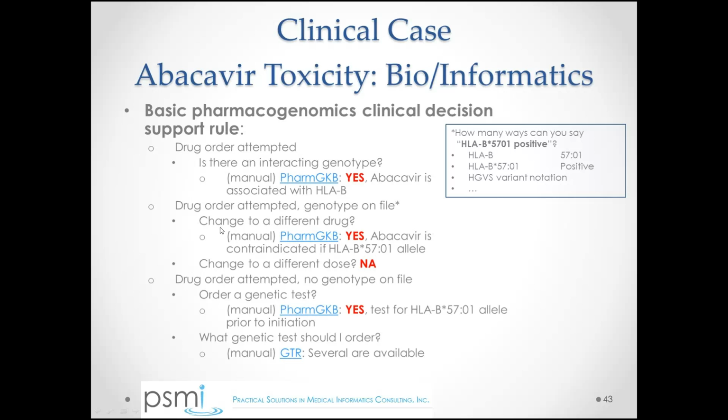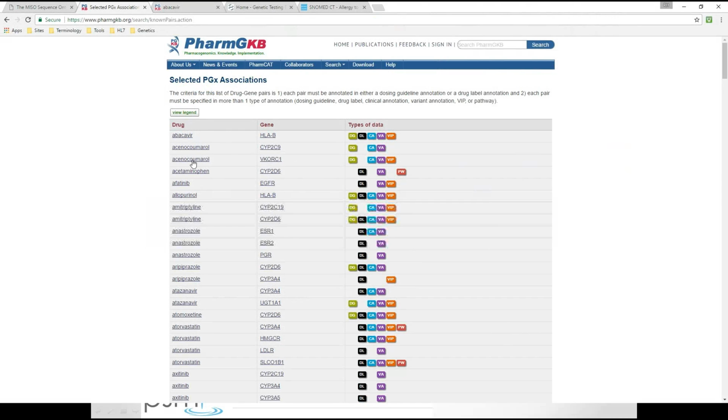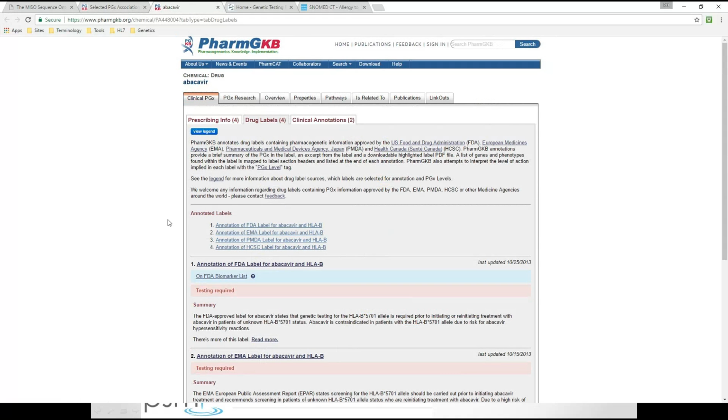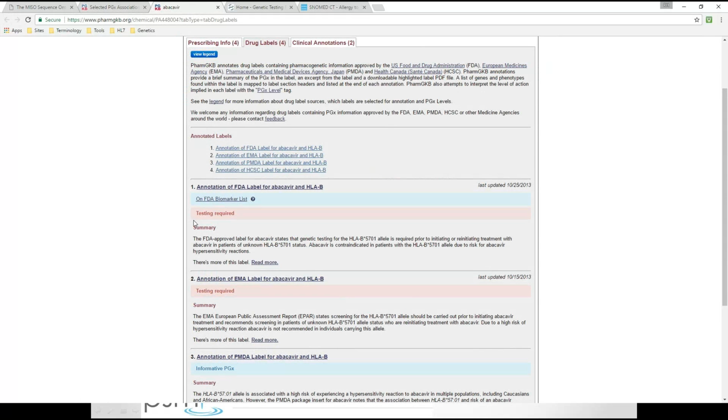If there's a genotype on file, then the question is, do we need to change to a different drug? And here for abacavir, if we go to the drug label, what we'll see is from the FDA, the FDA-approved label for abacavir states that genetic testing for this allele is required prior to initiating, and it says abacavir is contraindicated in patients with this allele due to the risk for hypersensitivity.